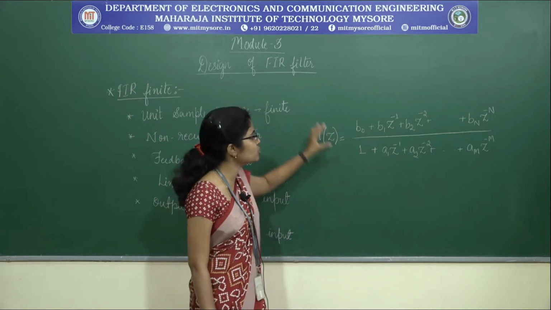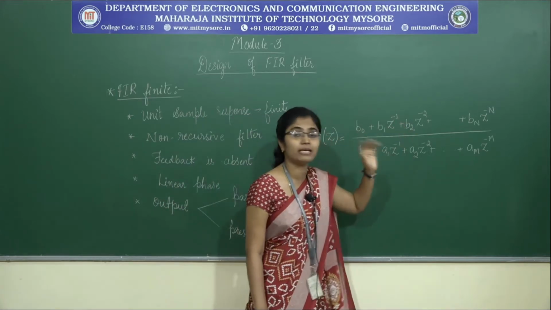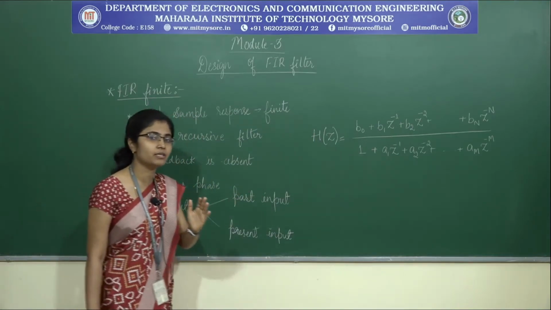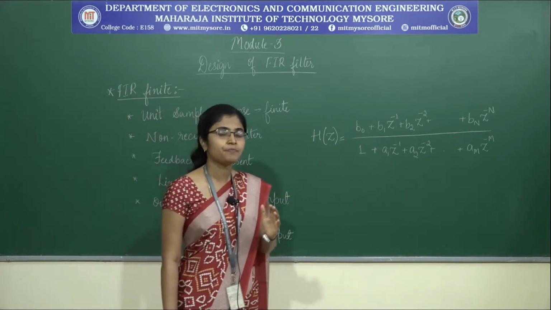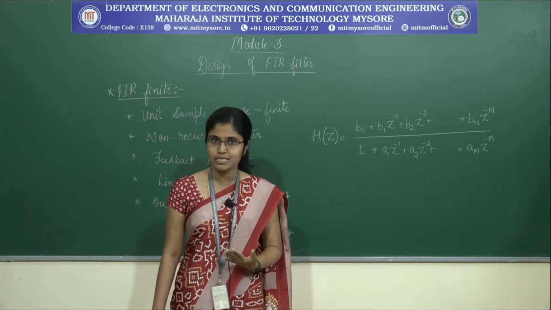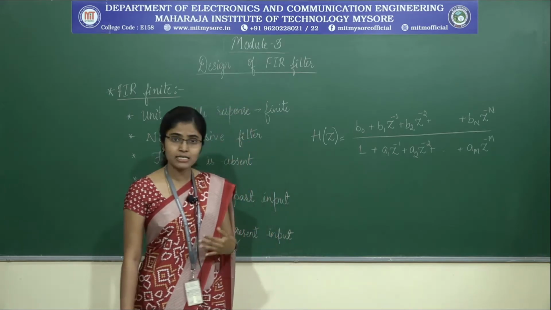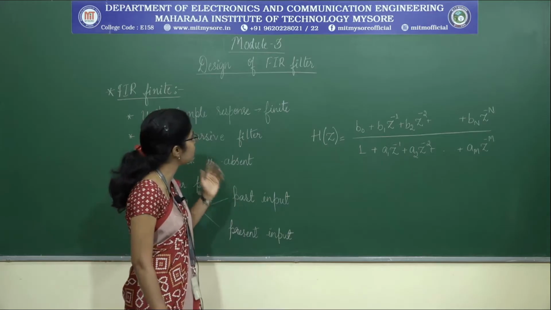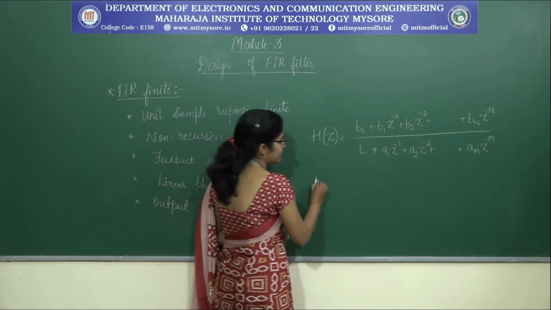If the transfer function only contains zeros, then it is nothing but our FIR filter. So this is the basic difference between FIR and IIR filter: the transfer function of an IIR filter contains both poles and zeros, and in FIR filter it contains only zeros.